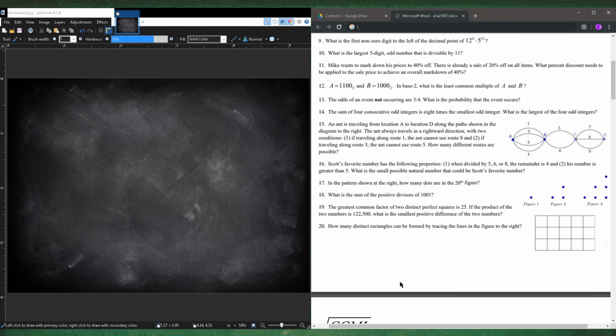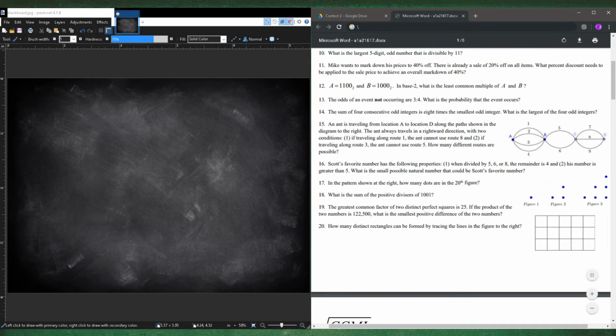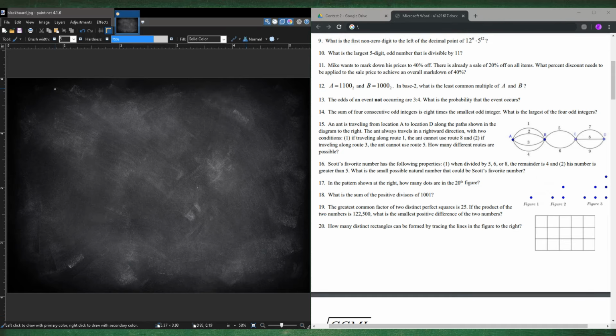Question 17. In the pattern shown on the right, how many dots are in the 20th figure? So basically, let's just do some math right here. When you have figure 1, you have 1. When you have figure 2, you have 3. When you have figure 3, you have 9.